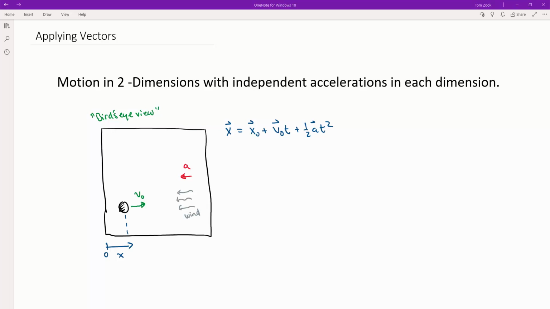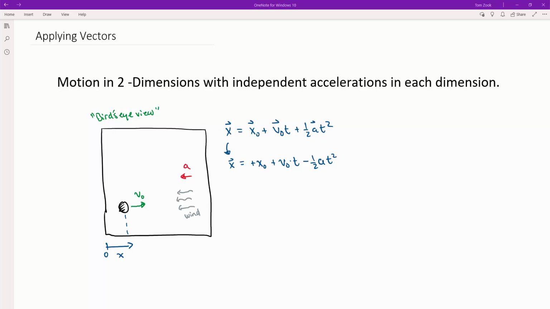Now, if we knew what those quantities were, we could actually just attach positives or negatives to those values. So for the situation of this particular object, we could translate this to say that the position is going to be equal to positive x0 plus v0 times t minus 1/2 the magnitude of the acceleration multiplied by t squared, where a as a number is just the magnitude of the acceleration maybe, and the negative sign takes care of the direction.